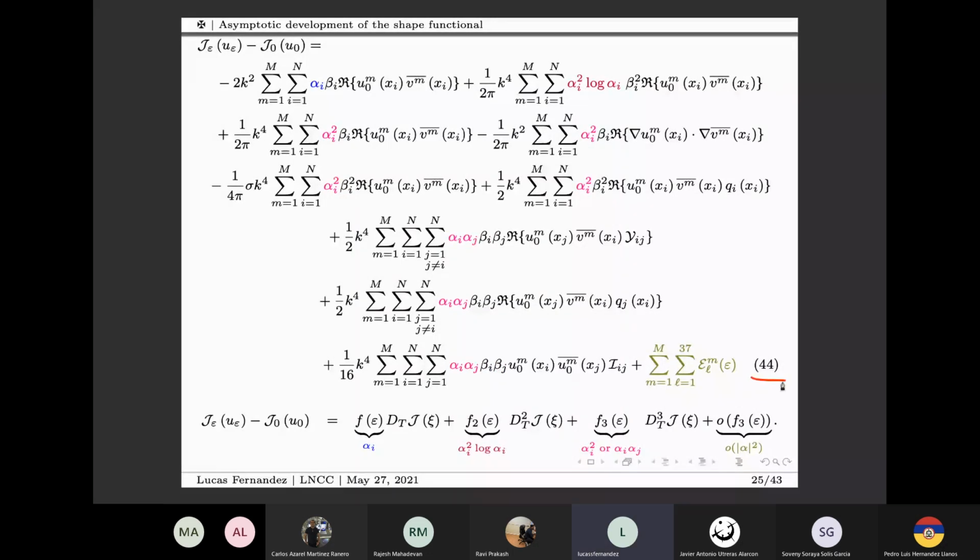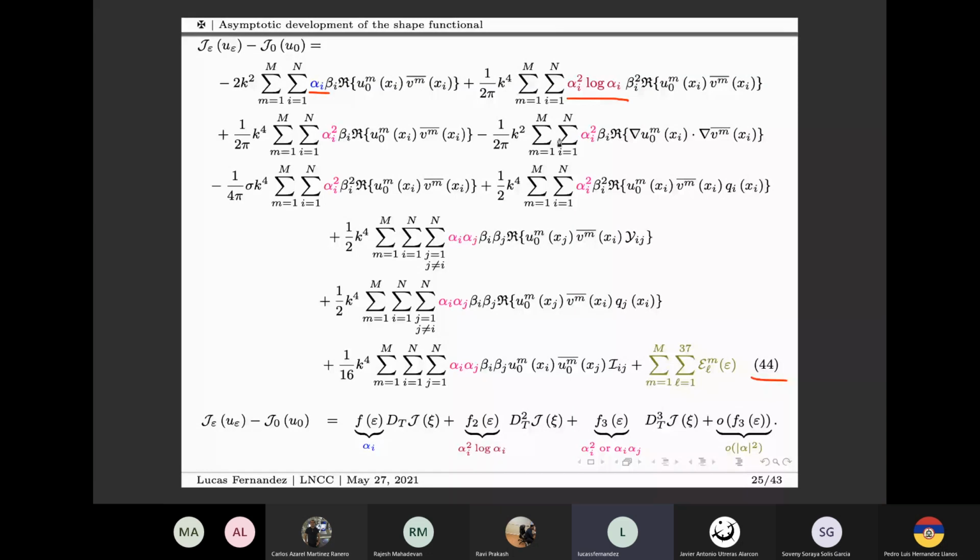So note that we obtained an asymptotic expansion with respect to alpha. So we have one term multiplied by alpha. This term can be interpreted as our first order topological derivative. We also have one term multiplied by alpha squared log alpha, and this term can be considered as our second order topological derivative.